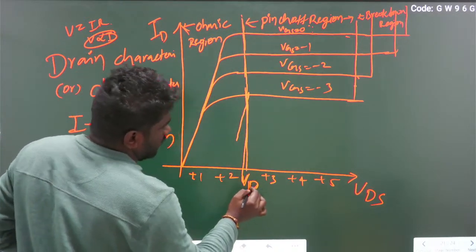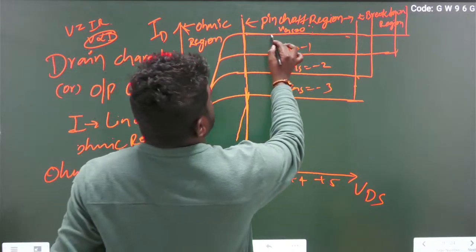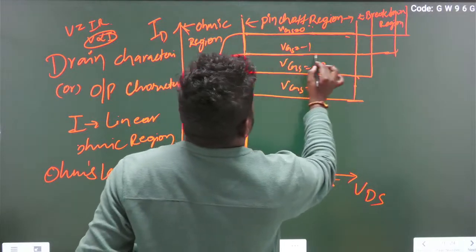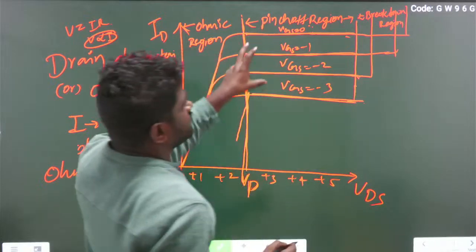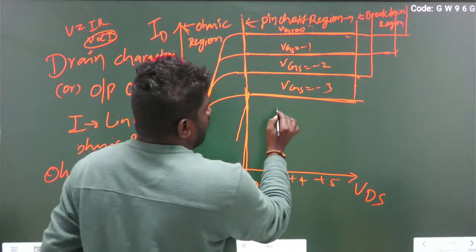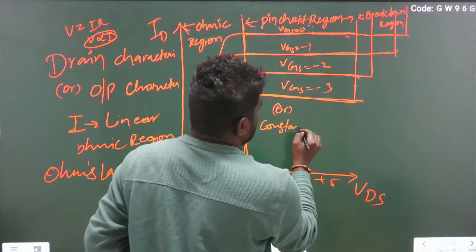After the pinch off point, the drain current becomes constant. So this region is called the pinch off region or constant current region.